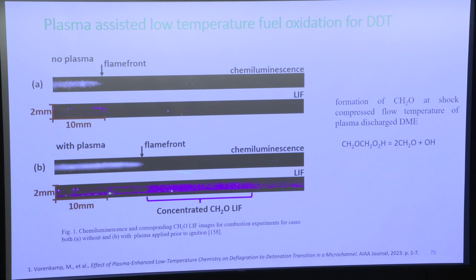But with plasma discharge in the channel, you can see lots of formaldehyde formed. That creates low temperature chemistry to form formaldehyde, which accelerates ignition. Once the ignition is accelerated, the shock wave coupling with the ignition is enhanced, then accelerates detonation.